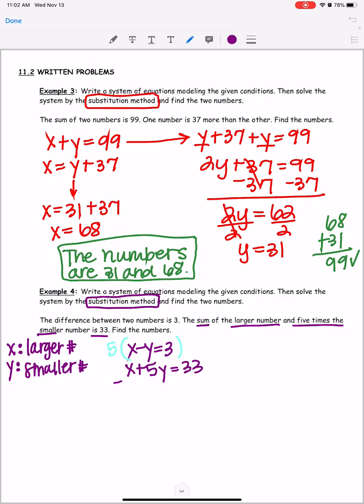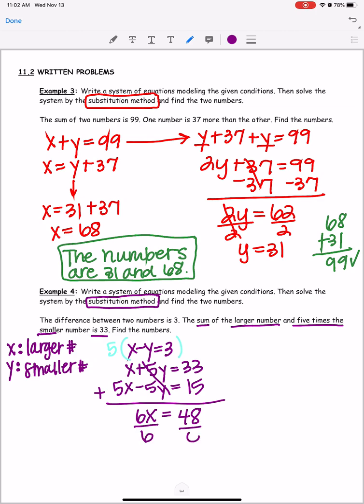So now I have 5x minus 5y equals, don't forget to multiply this by the same thing, equals 15. So now my y's here cancel. And I'm going to add what's left. So x plus 5x is a 6x. And 33 plus 15 is 48.